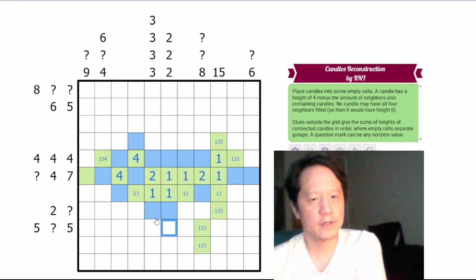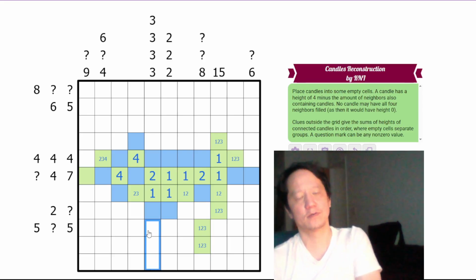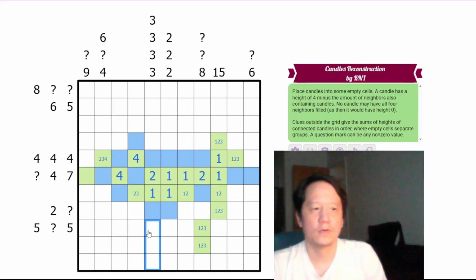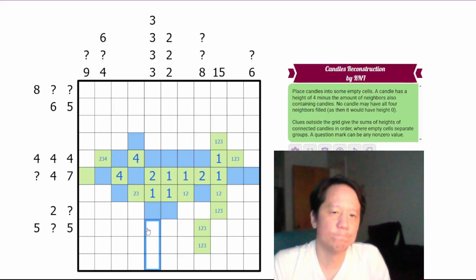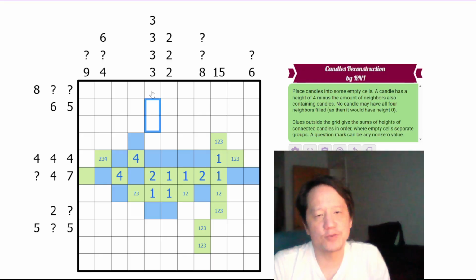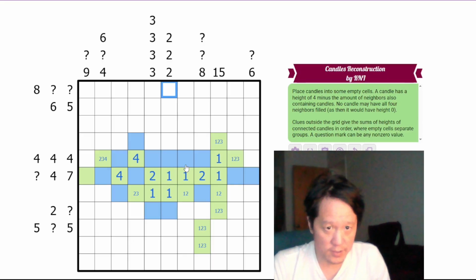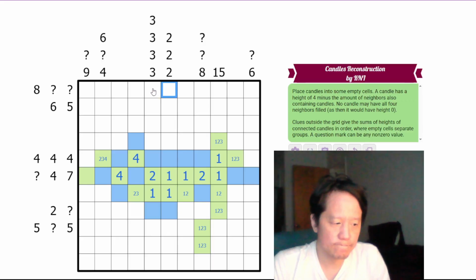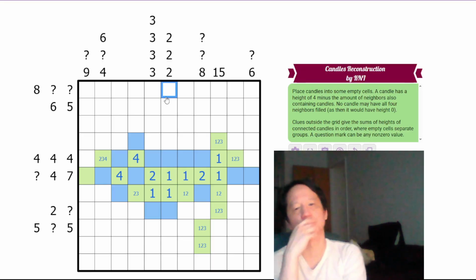Actually, I guess it could have 3 digits here. If you have a 3 here as a separate one, it cannot go to here, essentially, is what we're saying. Unless this is 2. I guess that's possible.